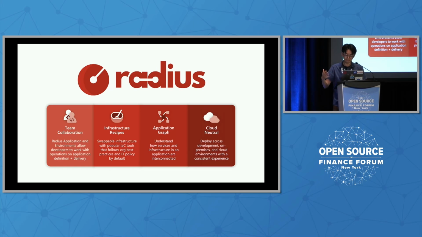These swappable infrastructure recipes are predefined and pre-configured into these environments that are built and configured by the operators, and then developers land in these environments and can leverage these recipes to then deploy their applications very easily.